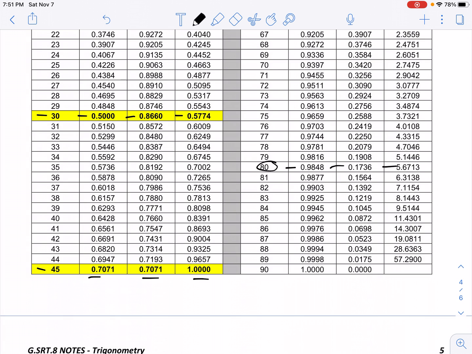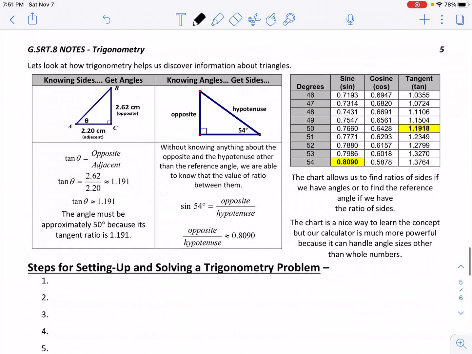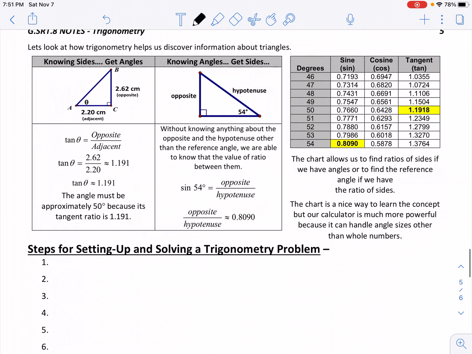Now, the table is nice. However, what we're going to work on in the next video is getting out of the mindset of the table and being able to find an angle or a missing side using these ratios and your calculator.